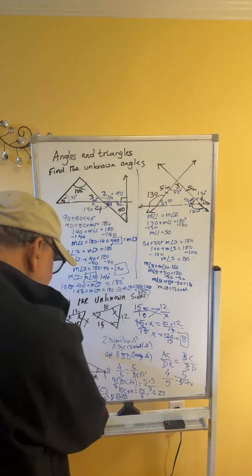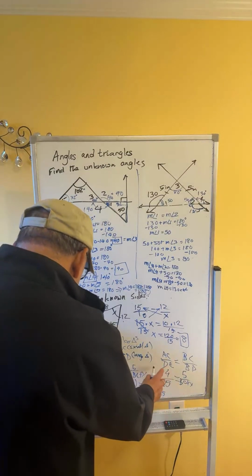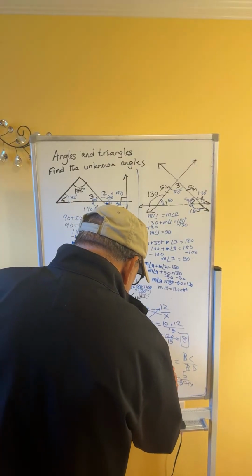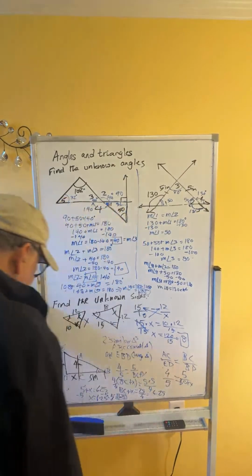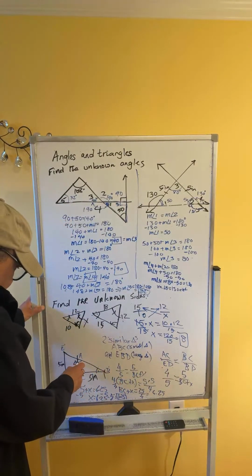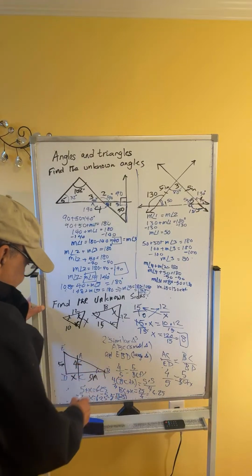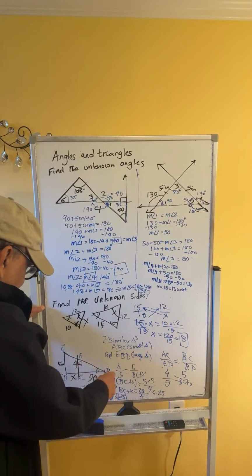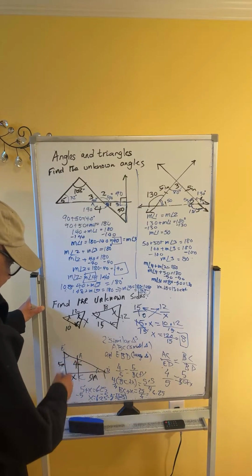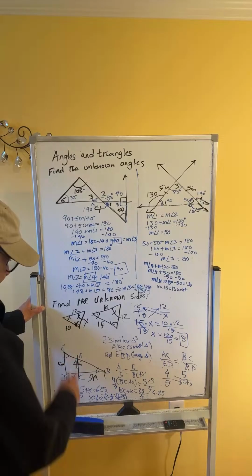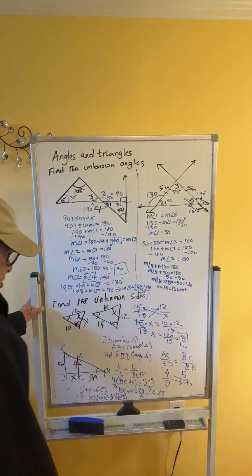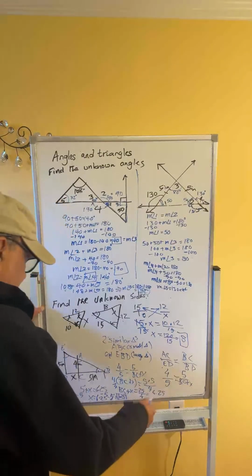So AC divided by ED is equal to BC, the side opposite to angle A in the small triangle, divided by BD, opposite to angle E, because these two angles are equal. These two lines are parallel, so they are alternate angles.